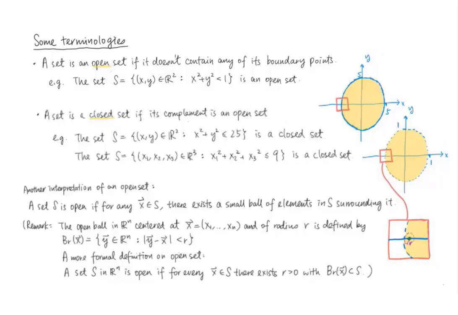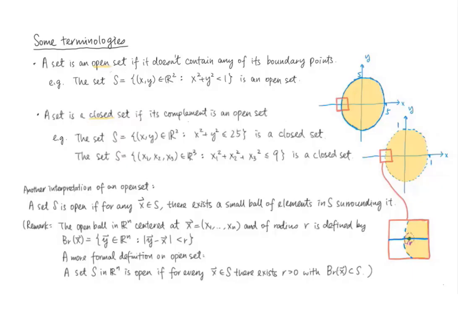However, it is not the case for the set S which contains points in R2 which satisfy x squared plus y squared less than or equal to 25. Among those points on the circumference of this disk, that is, those points that fulfill x squared plus y squared equals 25, suppose I pick the point at the location negative 5, 0.